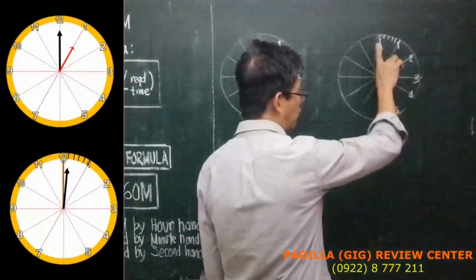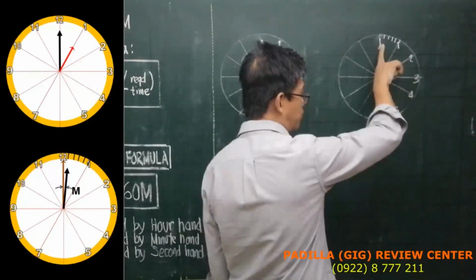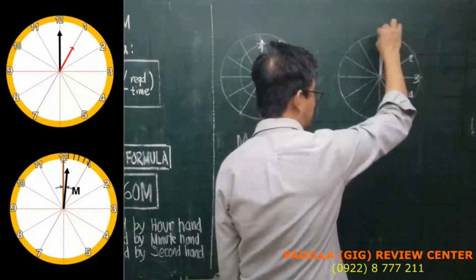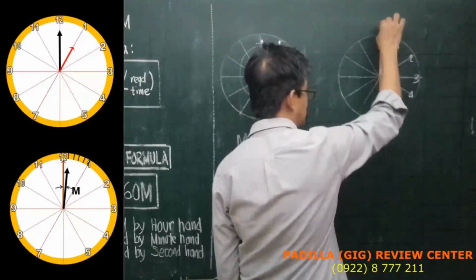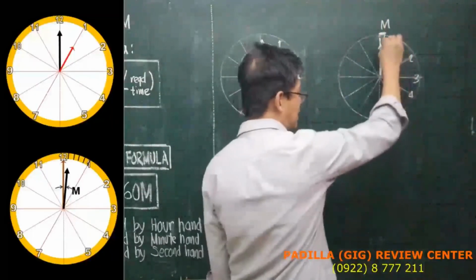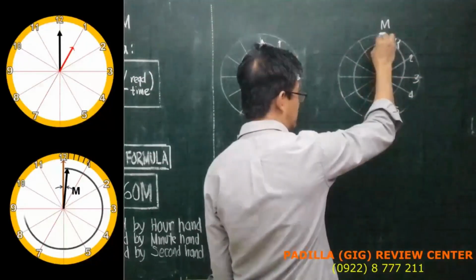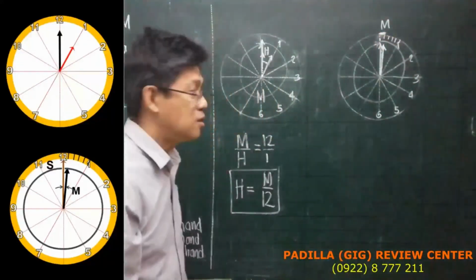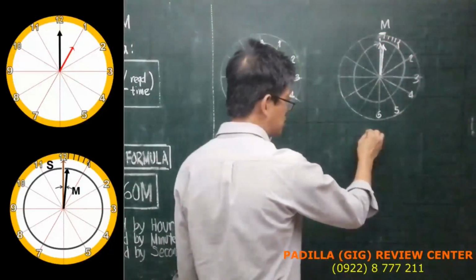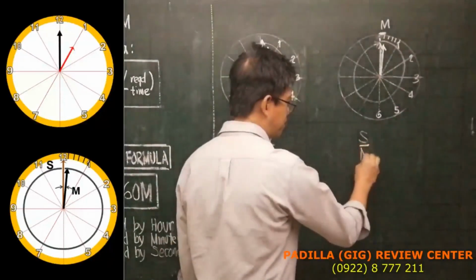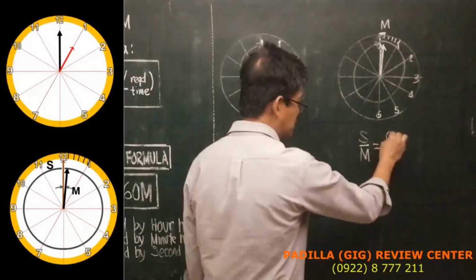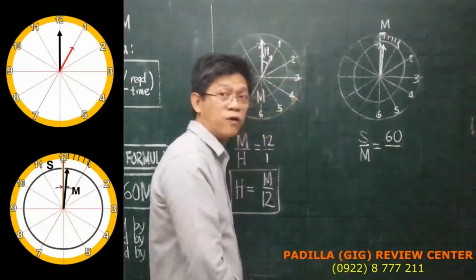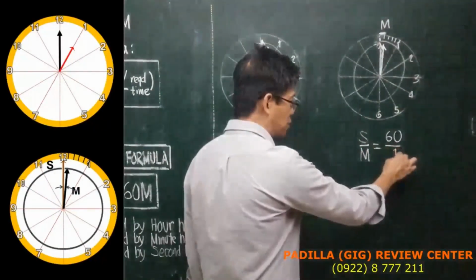From 12 o'clock to 12:01, the minute hand will move from here to the first line. This is the distance traveled by the minute hand in 1 minute. But the second hand traveled one complete revolution or 60 small partitions. So if I write the ratio of S to M, for every 60 partitions of the second hand, our minute hand traveled only one partition.